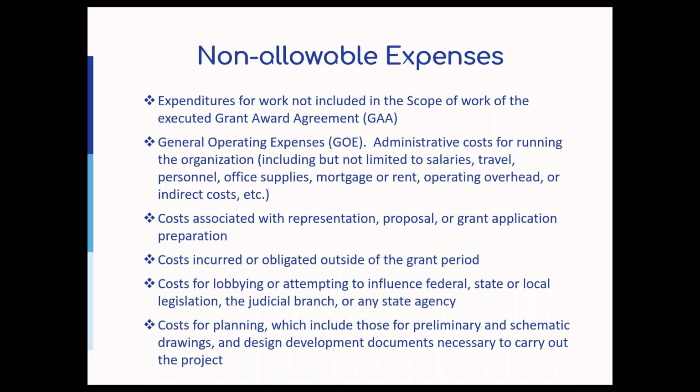It doesn't cover costs of writing the grant. No expenses that were outside of the grant period, either before or after, no lobbying, no planning. So nothing like surveys or soil tests or those initial design documents. You can include construction documents, but not the development part of design.